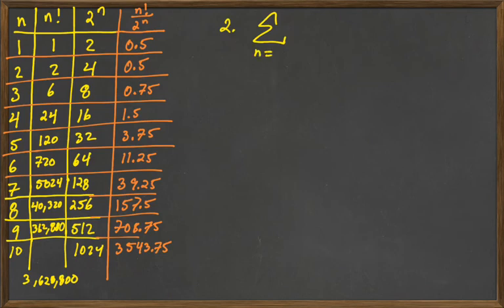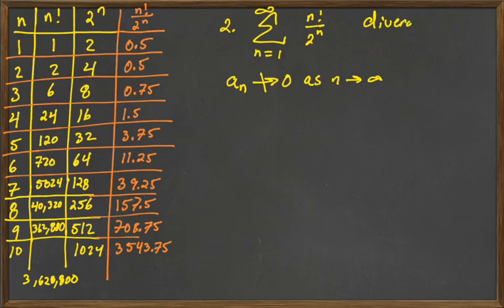So the sum n equals 1 to infinity of n factorial over 2 to the n, I'm going to make the argument based off of my numerical results that because a sub n doesn't appear to be going to 0, as n goes to infinity, we can conclude that we have divergence by the nth term test.